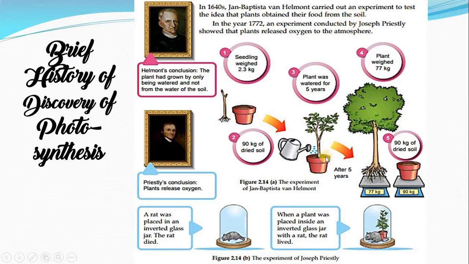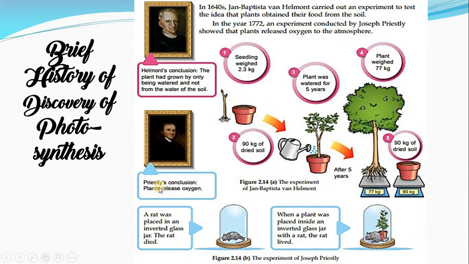The second experiment here was carried out by Joseph Priestley. A rat was placed in an inverted glass jar. And then what happened to the rat? The rat died. When a plant was placed inside an inverted glass jar with a rat, the rat lived.